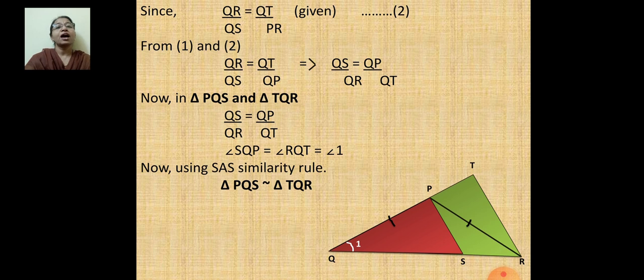So therefore angle SQP is equal to angle RQT. Same angle but different name. And every angle is equal to itself. That is why angle 1 is congruent to angle 1. So children, you will find two sides and one included angle. So therefore the two triangles are similar by side angle side criteria.